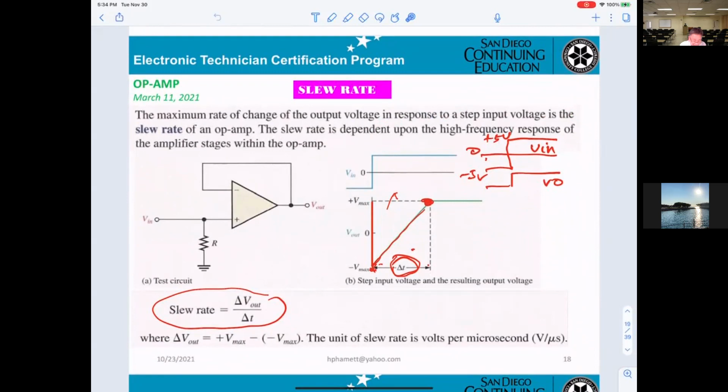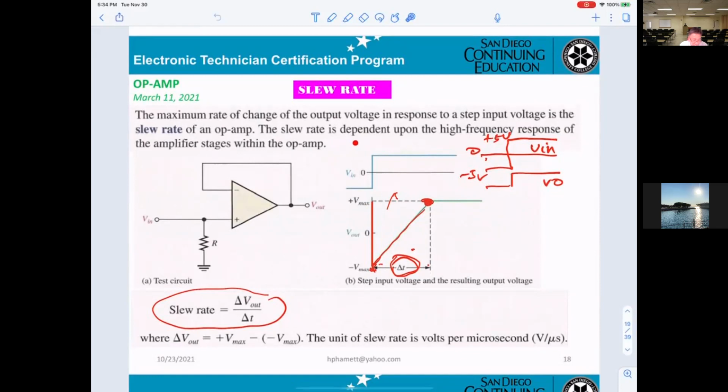That only tells you that when the input goes from negative to positive, the output is supposed to be the same. However, it cannot be the same. It takes a little time to get to the output. That's why you need to calculate the slew rate.